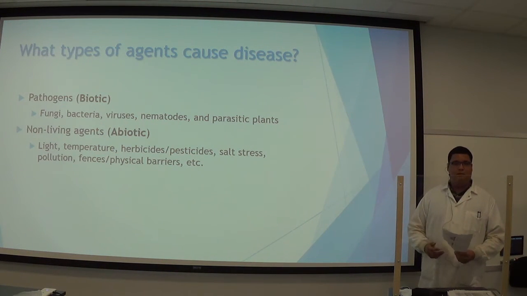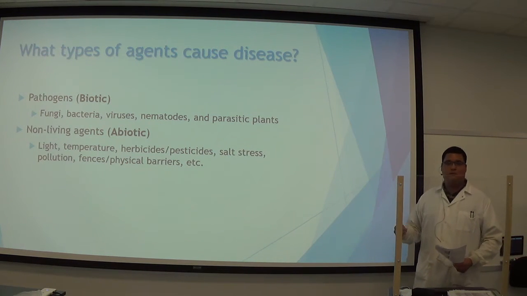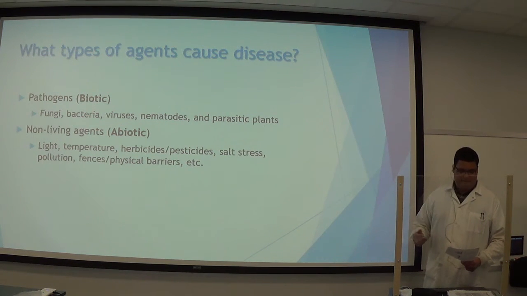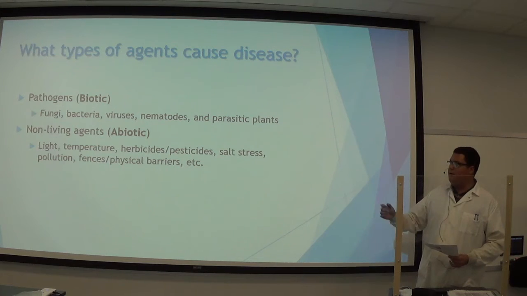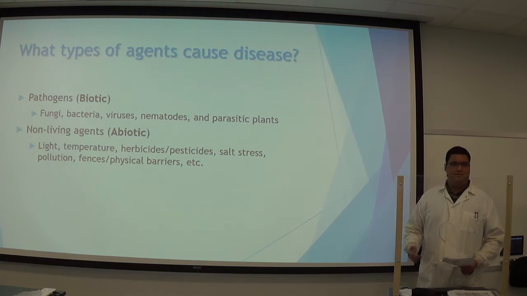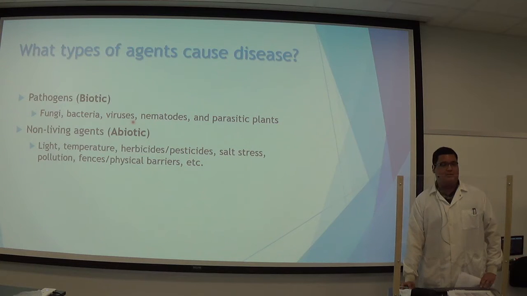And one thing I do want to point out, this is the definition of the biotic and abiotic factors that we'll be using in this course. However, do know that there is some argument between plant pathologists on whether a non-living agent can actually be a cause of disease, or as you can see here, we have viruses listed as a biotic pathogen, but some scientists don't even consider viruses to be a living organism.